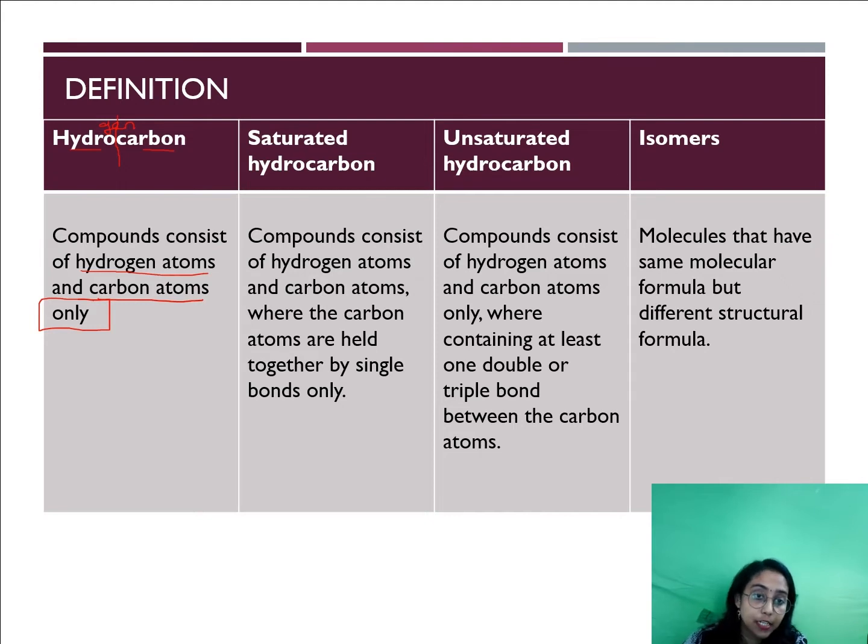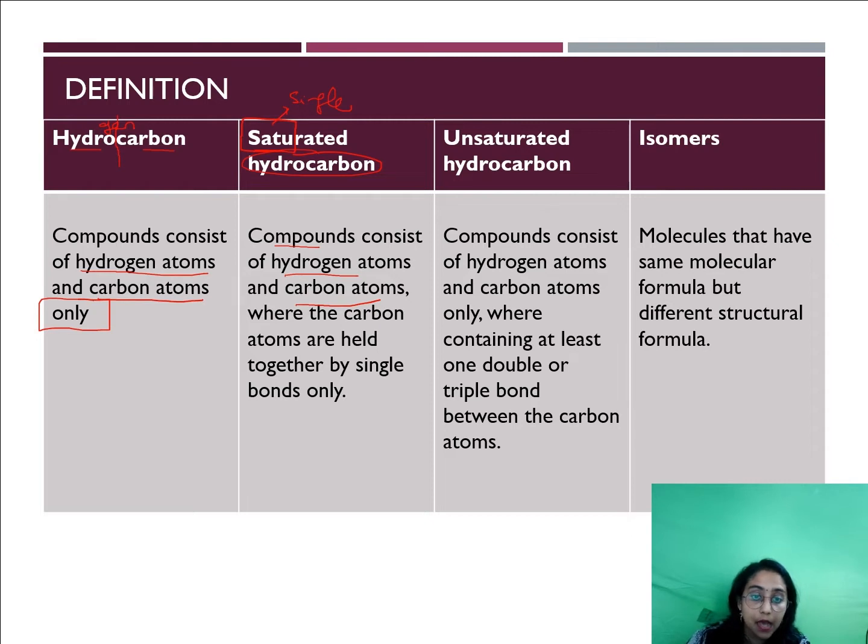When it comes to saturated, can you see the word "satu"? "Satu" means single. Remember. So how do we define a saturated hydrocarbon? You define your hydrocarbon first as usual: a compound that consists of hydrogen atoms and carbon atoms. Now we want to define saturated. Remember the word "satu", single.